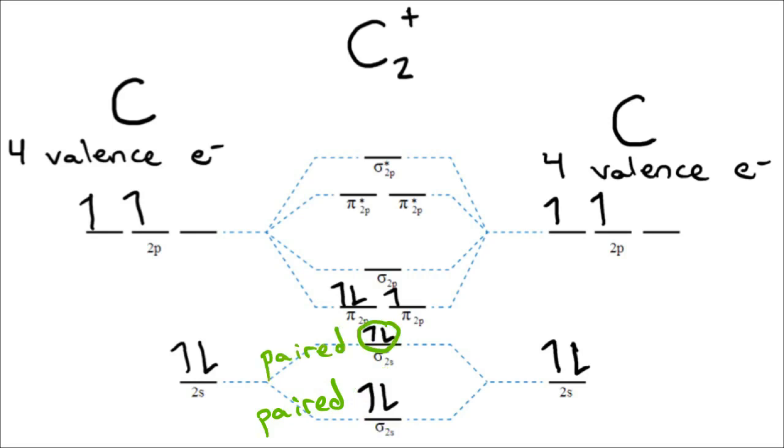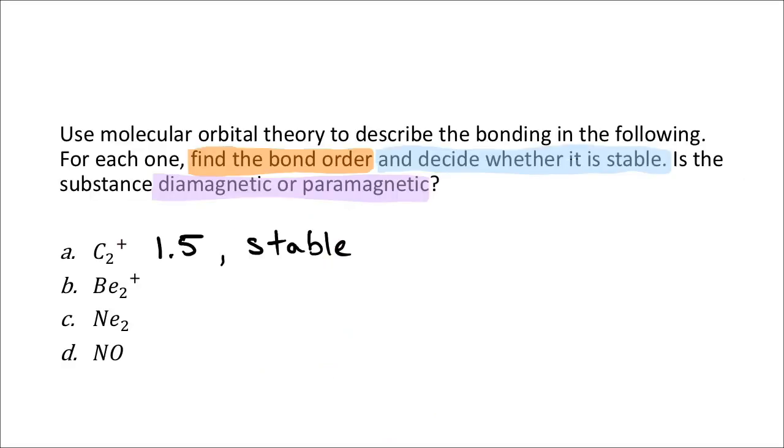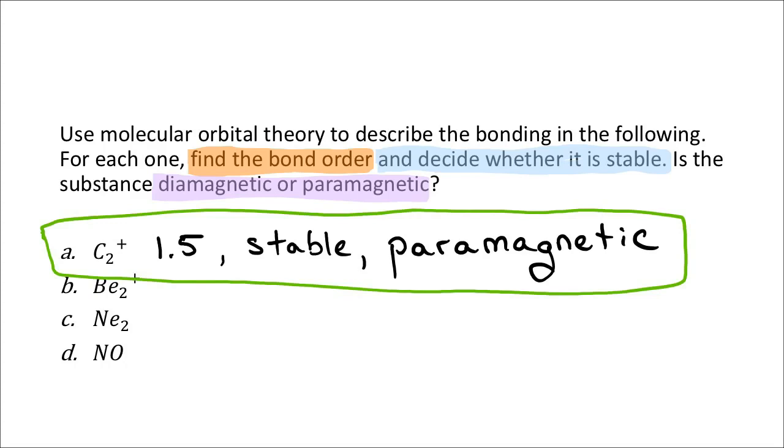The next highest orbital also has paired electrons. The next highest orbital also has paired electrons, but that last orbital has an unpaired electron. And because this molecule has at least 1 unpaired electron, it's going to be a paramagnetic substance, which means it will be attracted to magnets. So that's the answer for this problem.